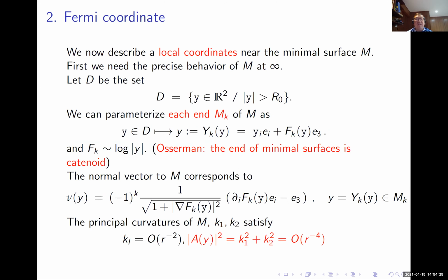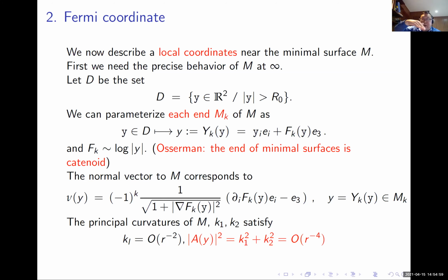Now let's start with some geometry. We introduce the so-called Fermi coordinate. Let me describe a local coordinate near the minimal surface. First we need the precise behavior of the minimal surface at infinity. Because of finite total curvature, the minimal surface has finite ends.